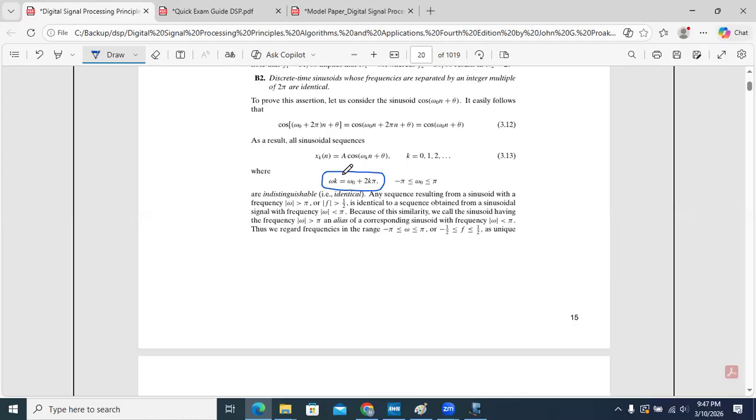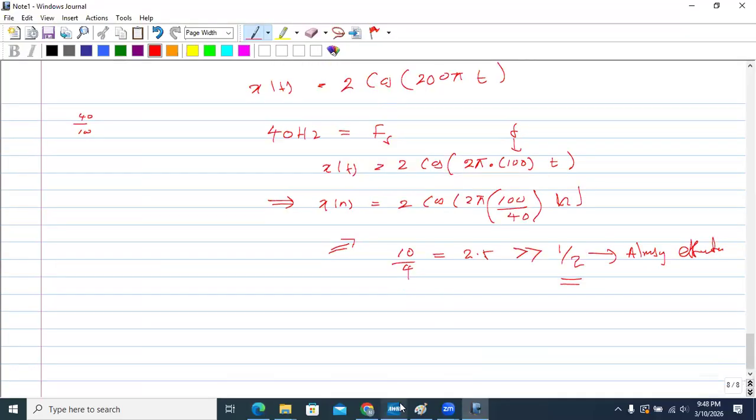So you have to use this one. What is that one? Omega k is equal to omega naught.